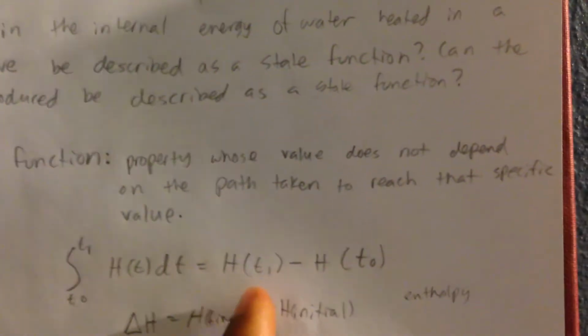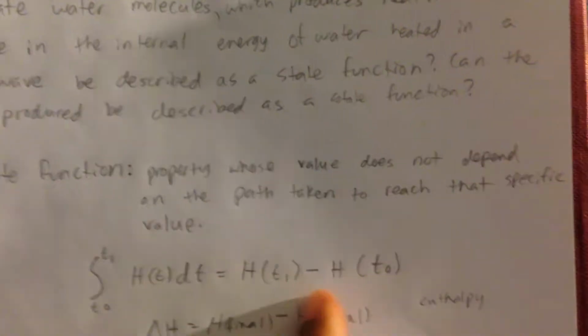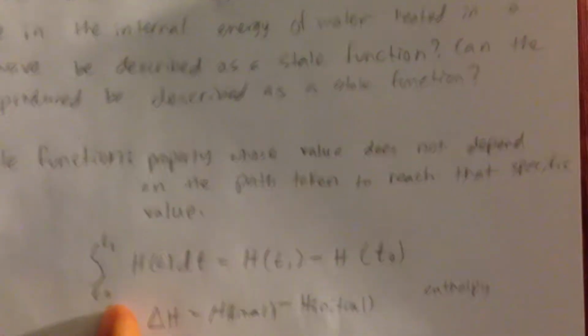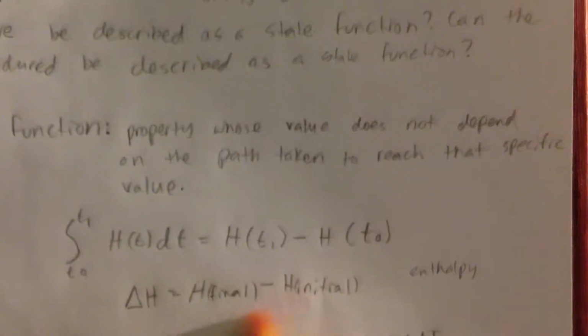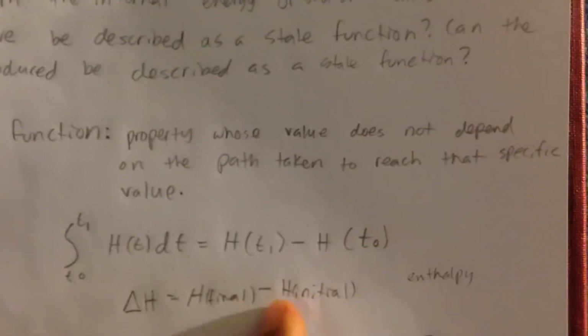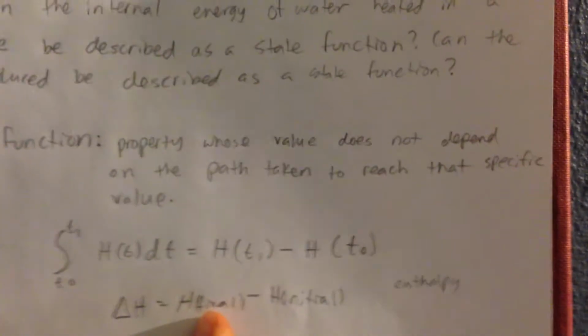It can be expressed as the final, which is what t1 was, minus the initial, where you started. So this is a state function. It's independent of the moles or the molecules it took to get from there to there. It's just where you started and where you stopped. So that's the change in enthalpy, which is a state function.